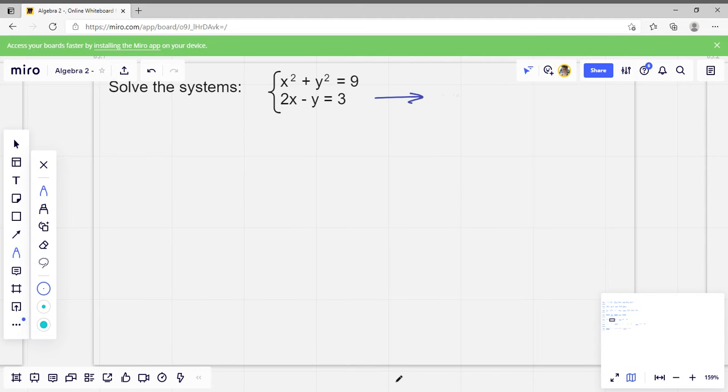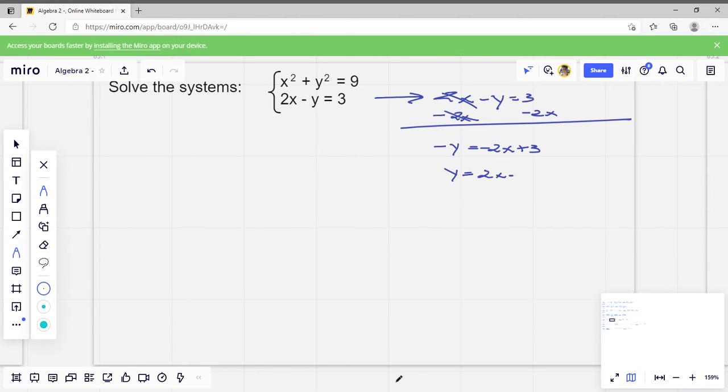I've got 2x minus y equals 3. If I do minus 2x on both sides, I'm going to get negative y equals negative 2x plus 3, and then just multiply the whole thing times negative 1. I would get y equals 2x minus 3.